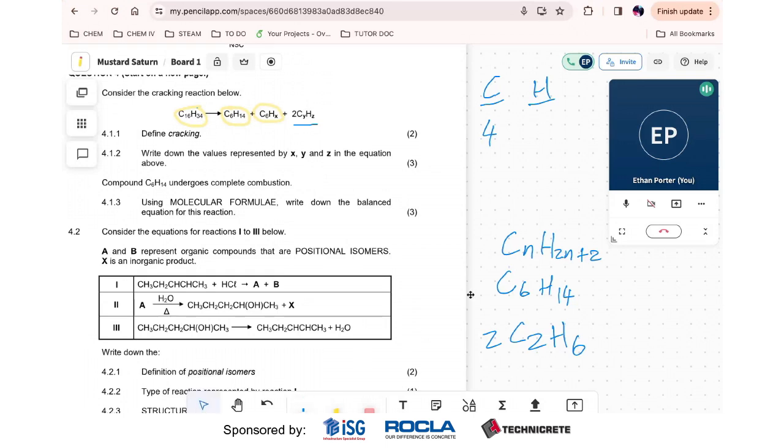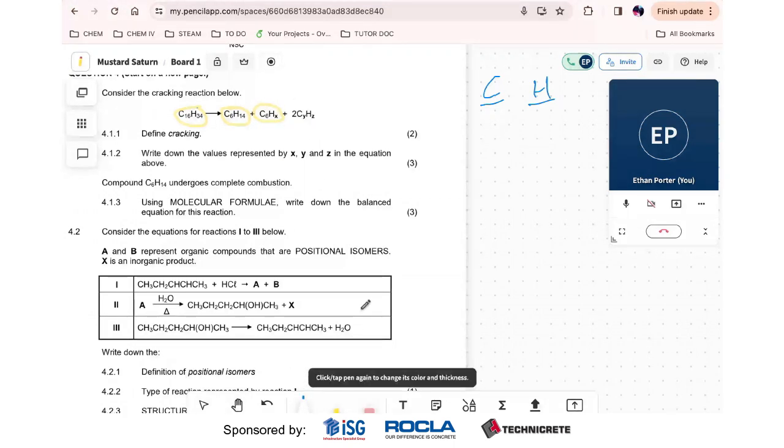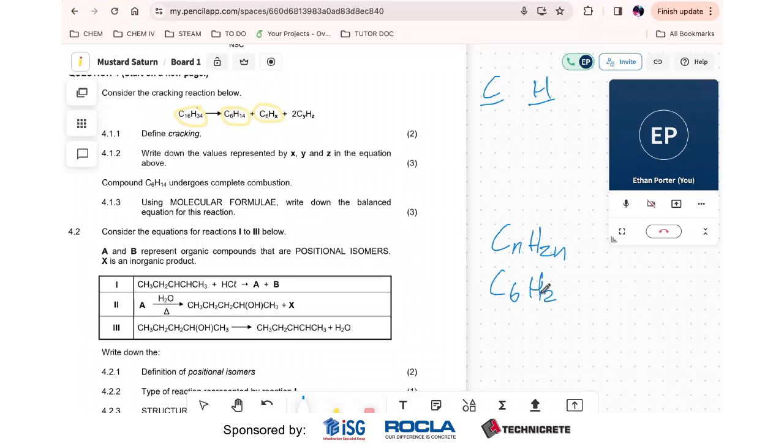So our initial assumption was incorrect, and this molecule here is not an alkane. It might be an alkene. Let's try it. If we remember, an alkene is CnH2n. So if we have C6H12, let's keep a running total of our carbons.